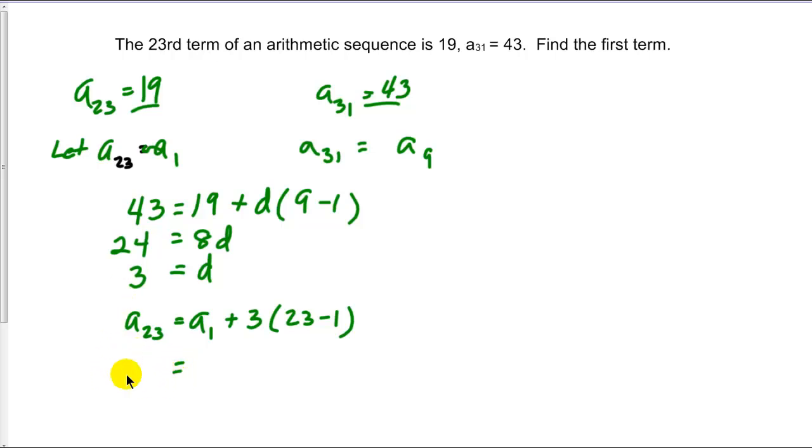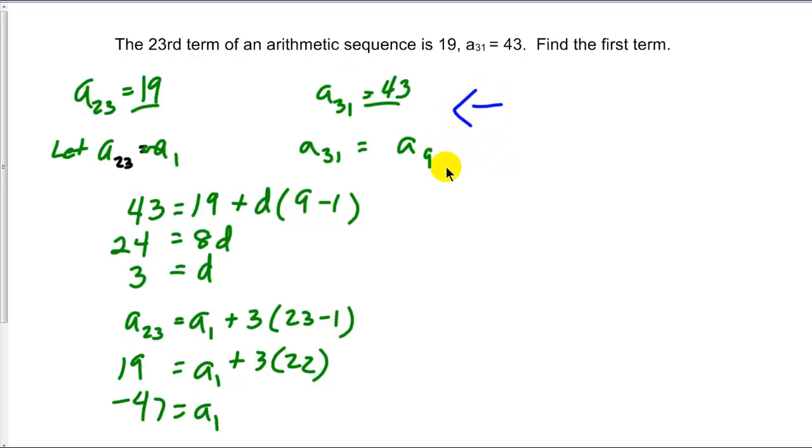And if I go through, 23rd term is 19, don't know my first term, I get 3 multiplied by 22, 19 minus 66, once again is equal to negative 47, just like in our last example. So it doesn't matter which way you go about this. I kind of like this way because it avoids a system of equations, but sometimes you're going to have to use a system. It's just a matter of preference.